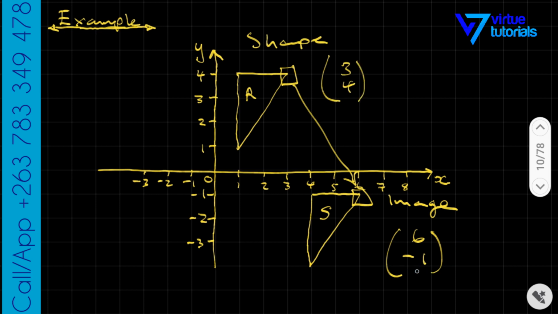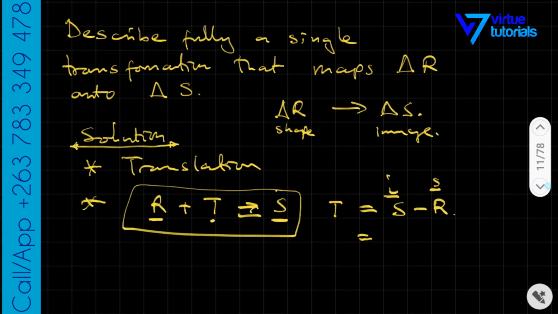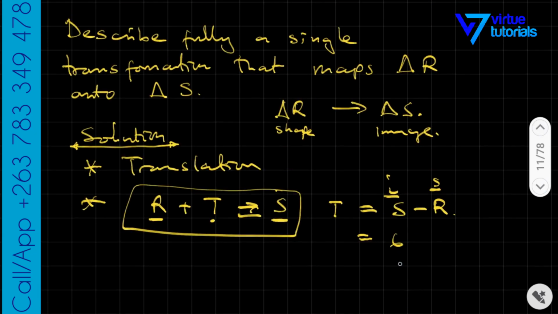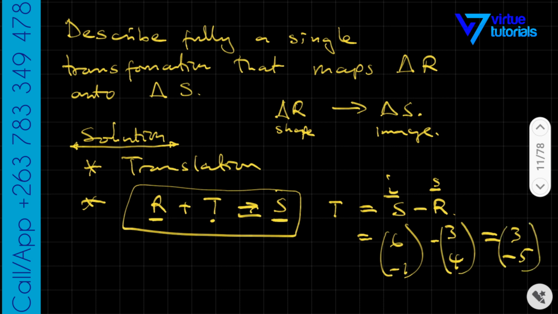So I need to take the coordinates of the image and subtract the coordinates of the original shape for me to get the translation vector. So I take 6, minus 1, minus 3, 4. This is going to give me 3, minus 5. So that's my translation vector.